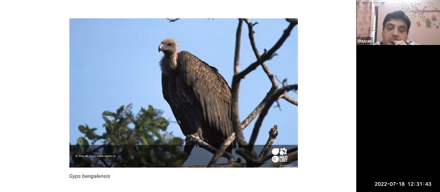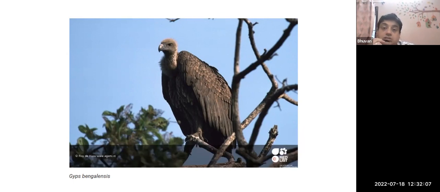The scientific name is Gyps bengalensis. So what happened to the vulture population in India? Especially four species of vulture are facing the immediate threat of extinction. Till the year 2000 and before that, vultures were quite abundant.